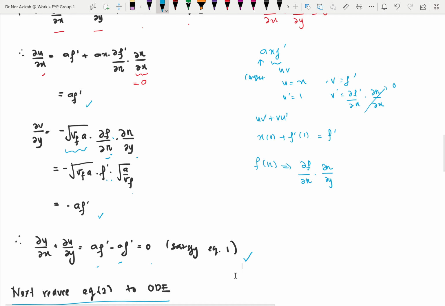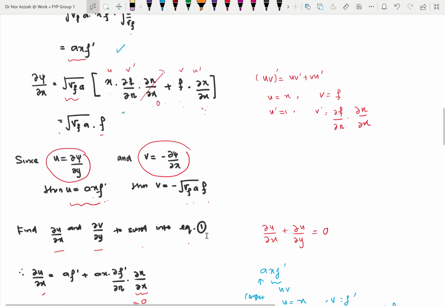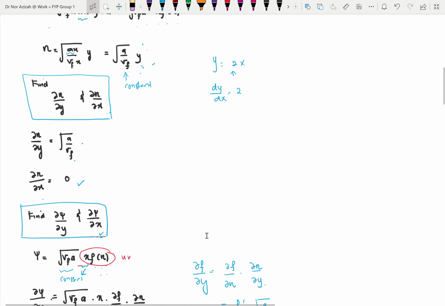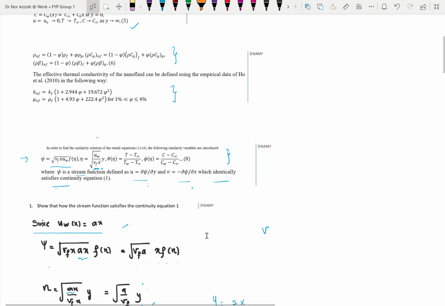Okay. So before this, look at equation 8. Check the previous equation that I've given to you. Here I put u and v.